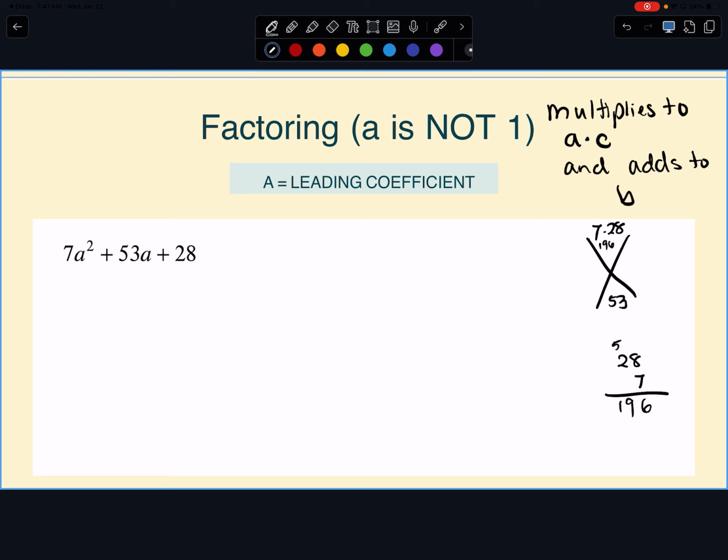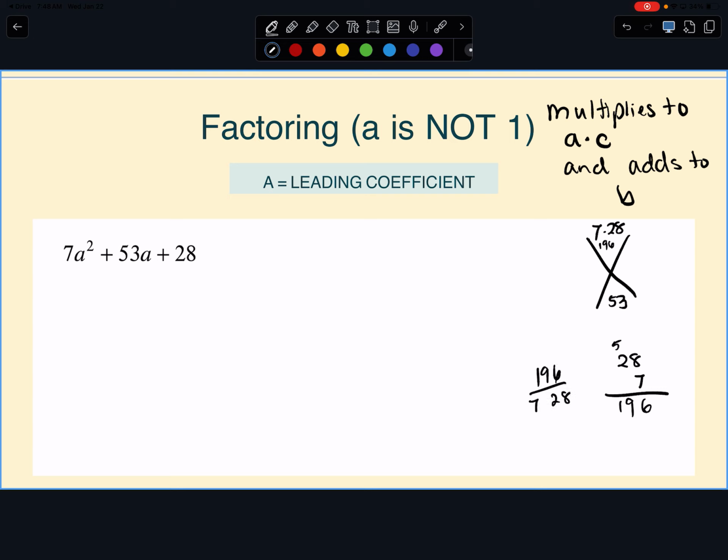Yes, this is a little bit heavier lifting than I'll make you do without a calculator, but I do want to remind you of how we need to use our brain for a little bit of arithmetic occasionally. All right, so if we want something that multiplies to 196 and adds to 53, we already know that two factors are 7 and 28.